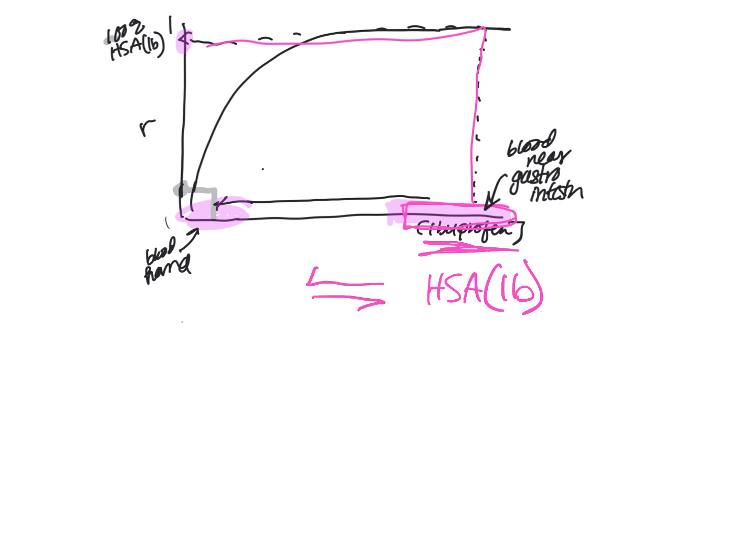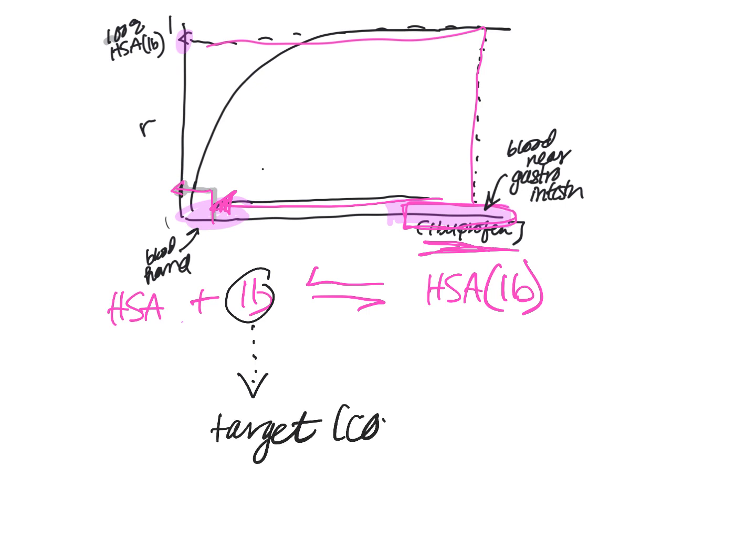And then as that bloodstream moves away from the gastrointestinal tract, much less will be bound. So I'll have a lot of HSA that is free from ibuprofen. And this is important because the ibuprofen needs to leave to go to its target, which is cyclooxygenase type 2, right? Because the idea is reversible binding back and forth.